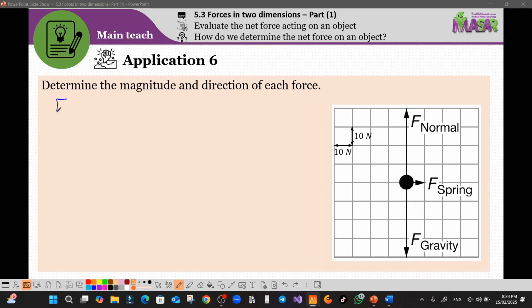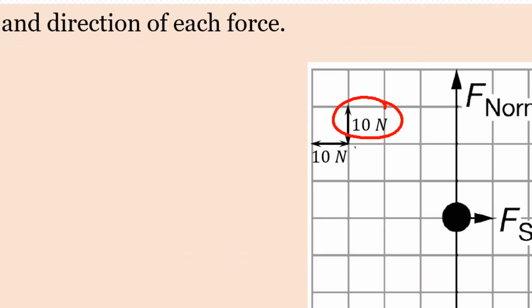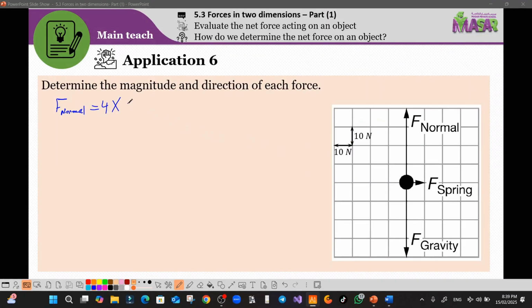So let me write here that the F normal is equal to the number of grids or boxes multiplied by the scale, and the scale is provided here vertically, it's 10 Newton. So the answer is 40 Newton up. This is for the F normal.